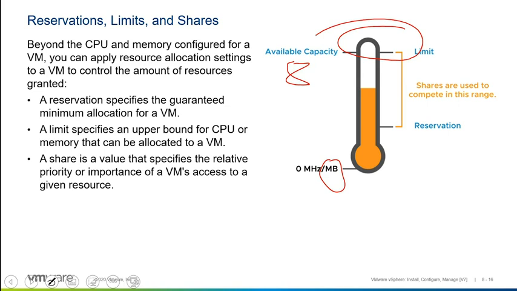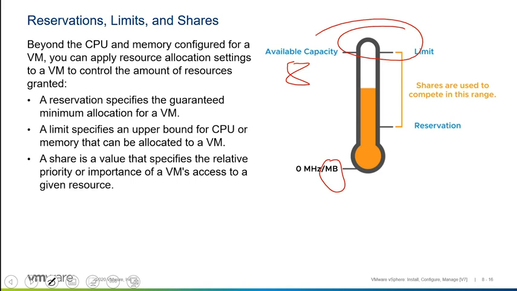That's the definition of a limit. That's the ceiling on physical resources. Now, by default, we don't place a ceiling. Therefore, the ceiling will be whatever the allocation would be. So if you look at the settings within ESXi, the default limits are infinity and the default reservations are 0.